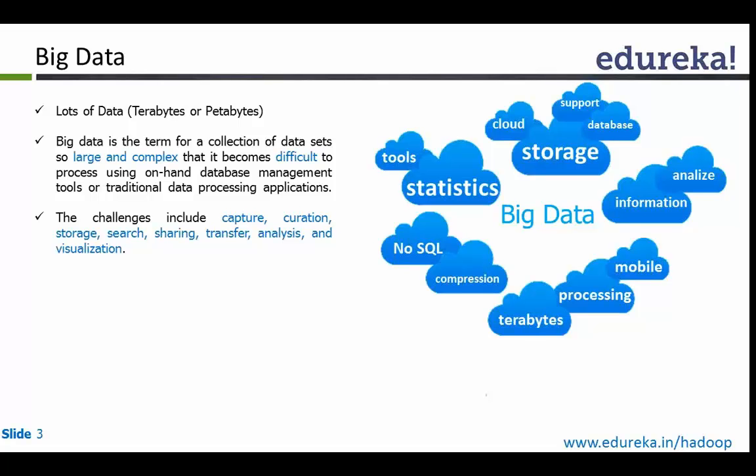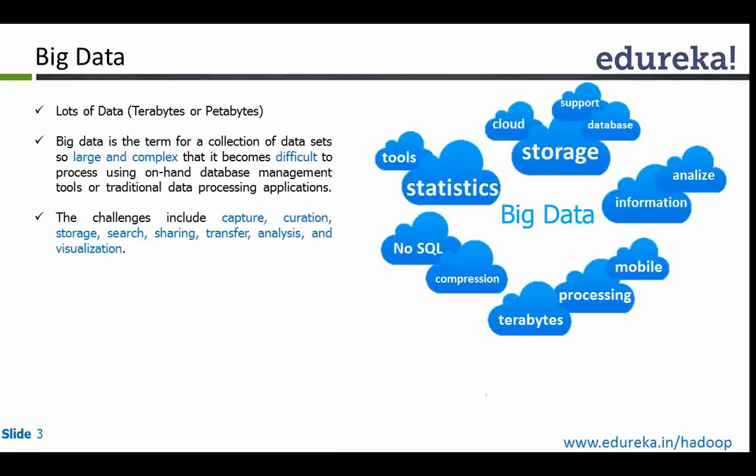Definitely big data is not a technology. It is just a term used to define the volume of data, as simple as that. It is not a technology, not a platform, and not a solution. It's just a term used to refer to the volume of data, a very simple and straightforward definition.